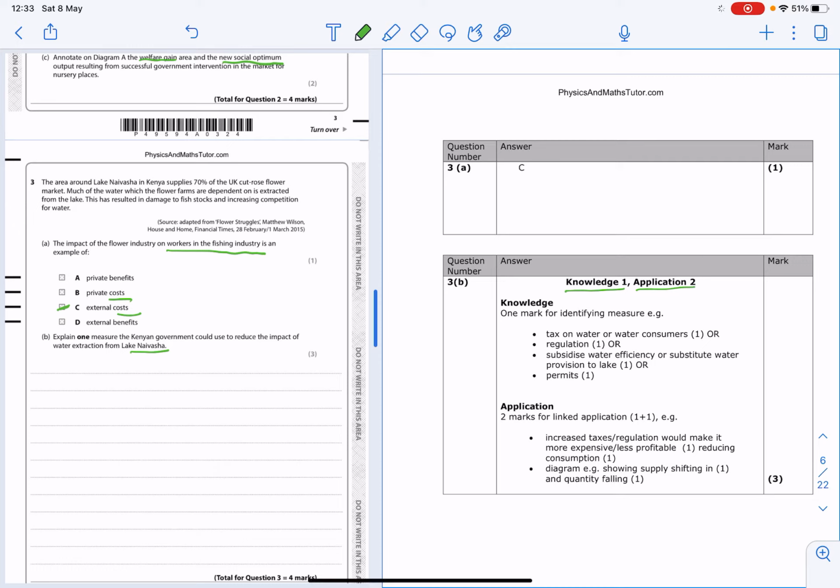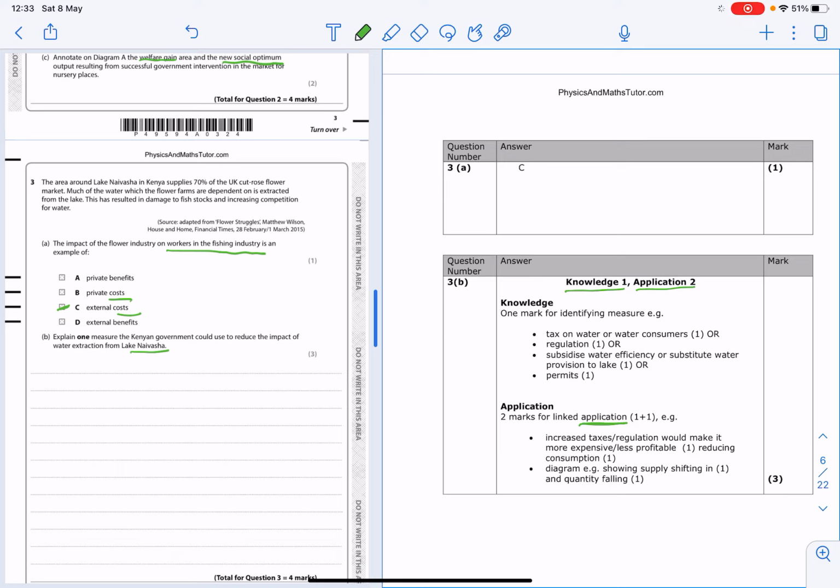So the knowledge mark would be for identifying, so it says tax on water or regulation, subsidies to water efficiency or substitute water provision to lake, and permits, a bit like you learned about pollution permits. So you give your thing and then you have to explain it, but you need to apply it to the lake. So you don't just want to say tax the water and then talk about tax without referring back to the lake.